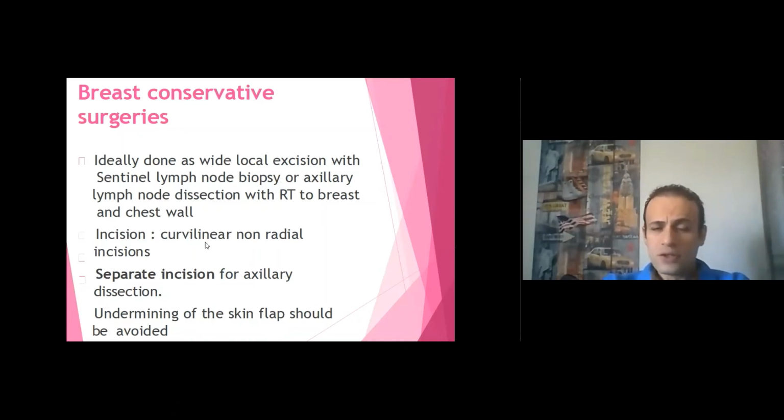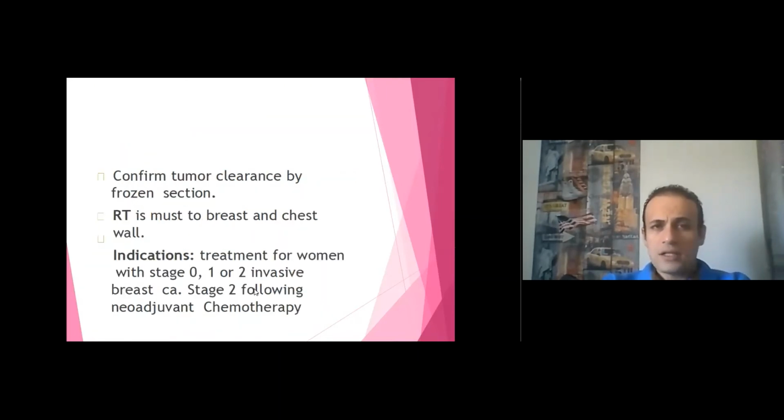The incision should be a curved line, not a radial line, to consider the scar formation and to avoid post-operative pains. Separate incision for the axillary dissection, and it is limited to women with small tumors, smaller than 2 or 3 centimeters.